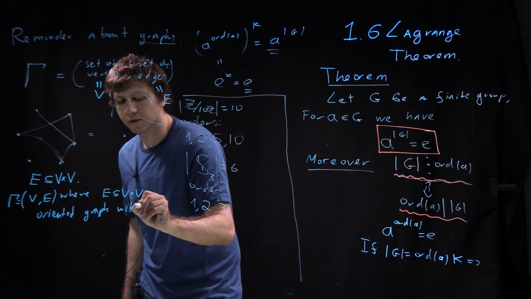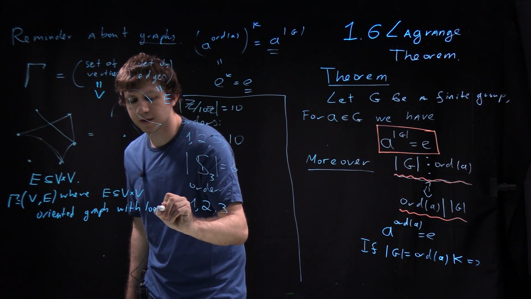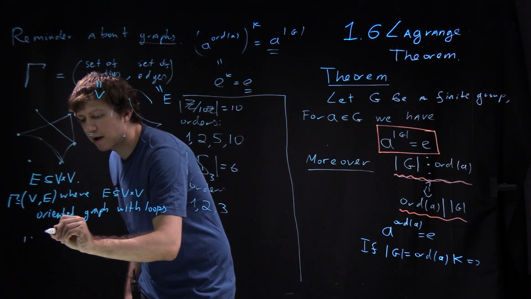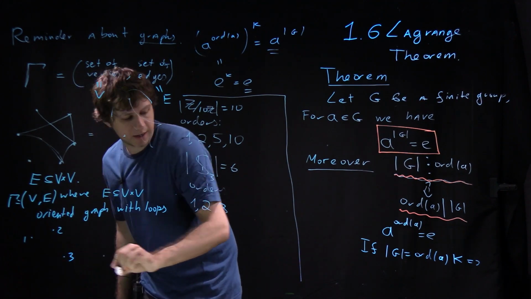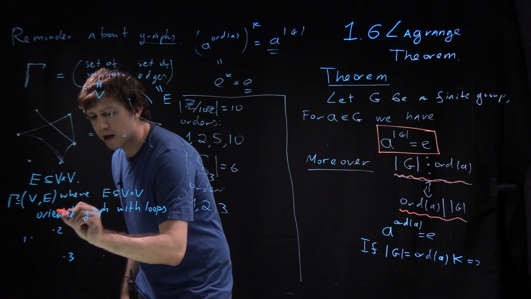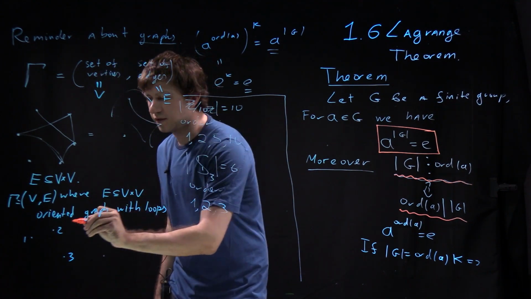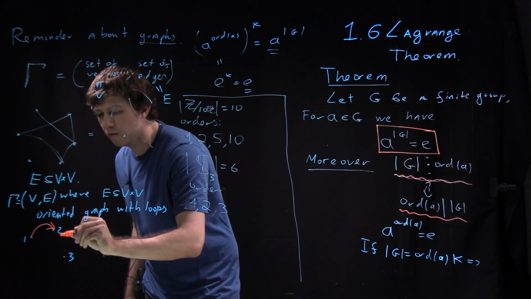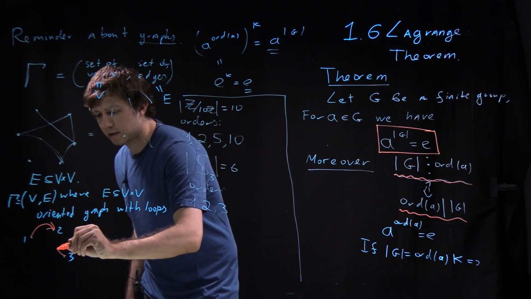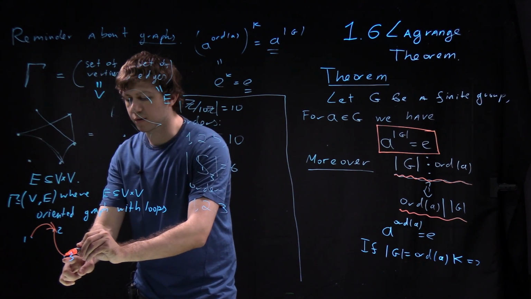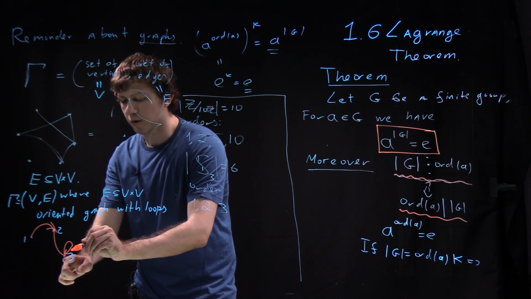with loops. The reason is that if you draw it, let's imagine we have 3 vertices, and then you want to draw the picture. Every element of V times V is a pair, and you can draw it as an edge with an arrow. Also, for instance, a pair 3, 3 will correspond to an edge which looks like a loop.